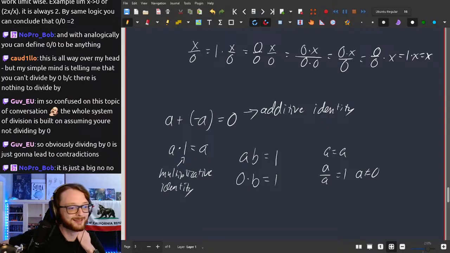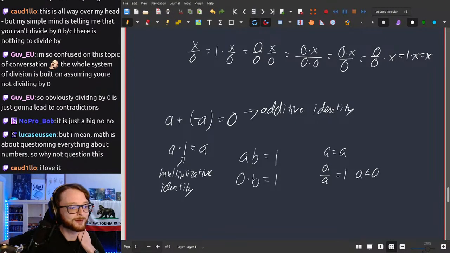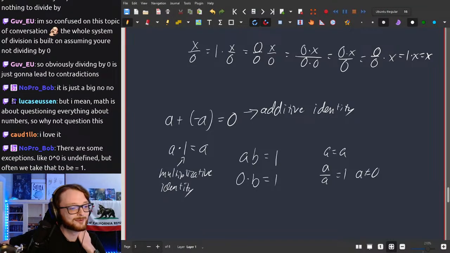This is a thing that Lucas enjoys thinking about and trying to justify. I don't think Lucas is really trying to say that this is the right way to do math, being allowed to divide by 0, but why not?